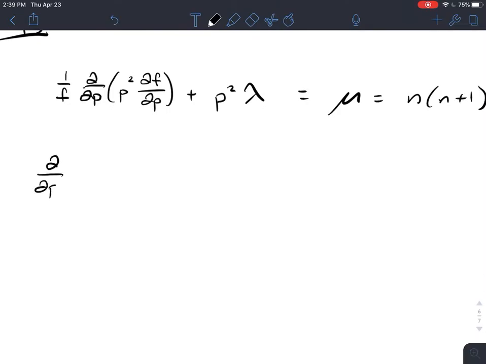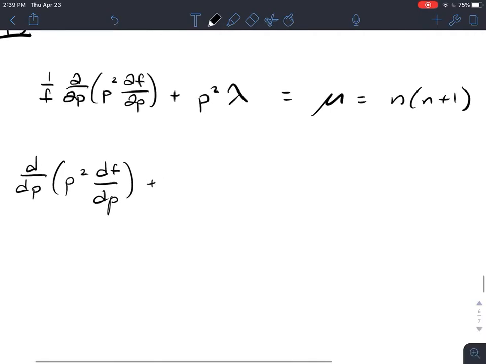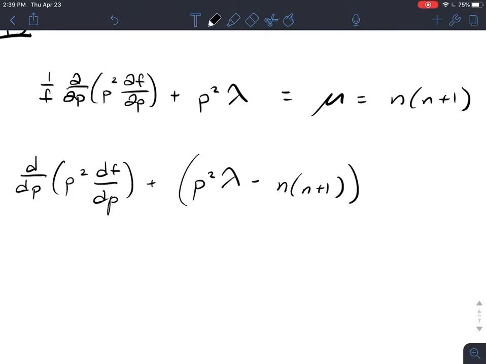Hopefully this should seem like a differential equation we've seen before. I'm going to put these in terms of first-order operators because they're just taking derivatives with respect to one variable now: rho squared lambda minus n times n plus 1, all times f, is equal to 0.